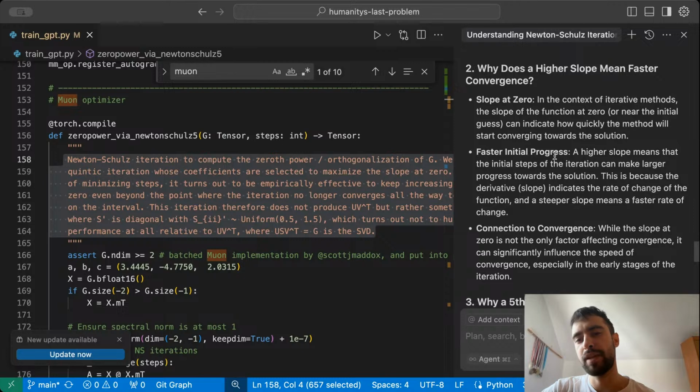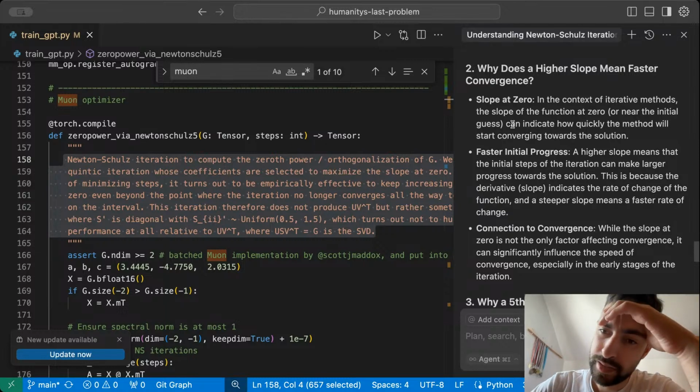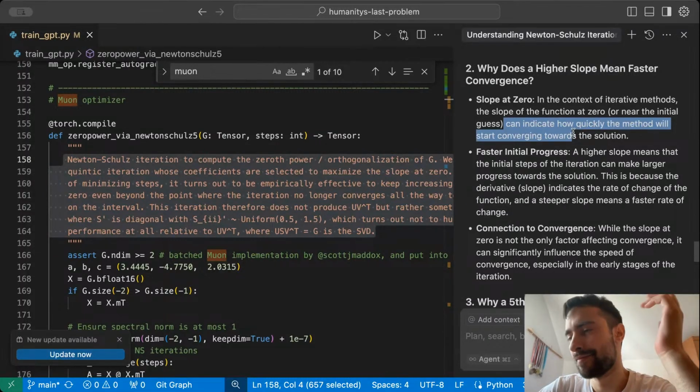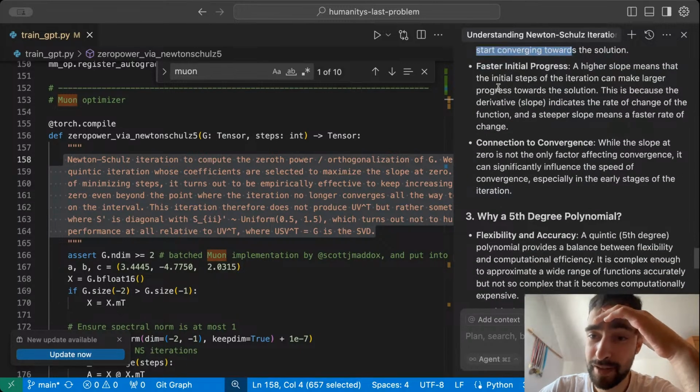Why does a higher slope mean faster convergence? Slope at 0: in the context of iterative methods, the slope of the function at 0 or near the initial guess can indicate how quickly the method will start. It's repeating my question.